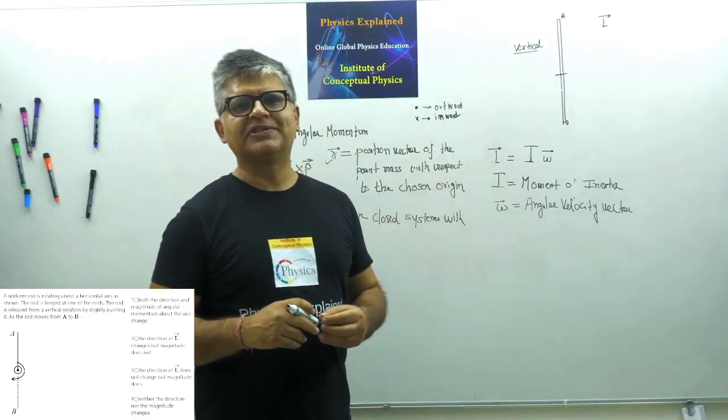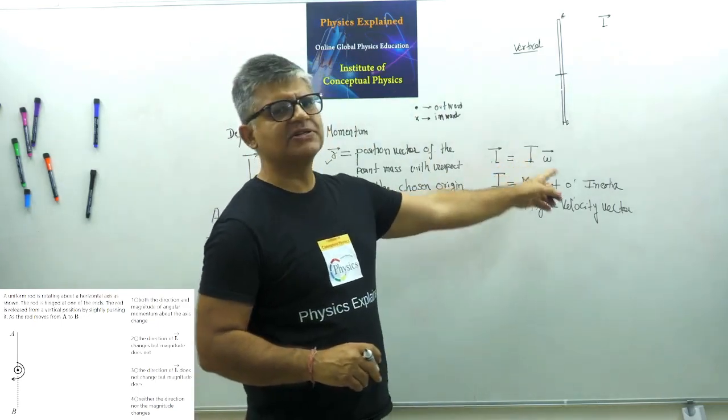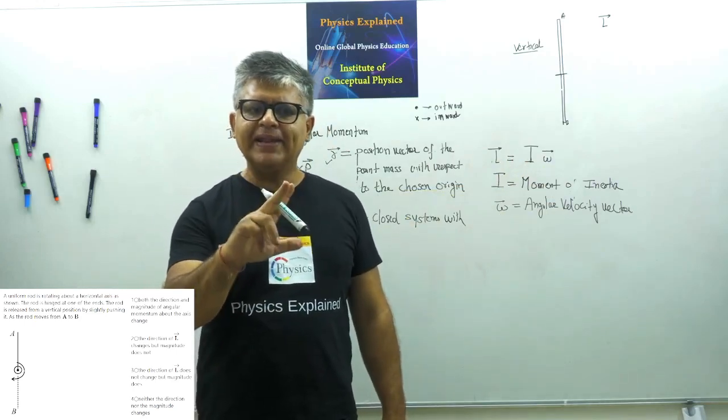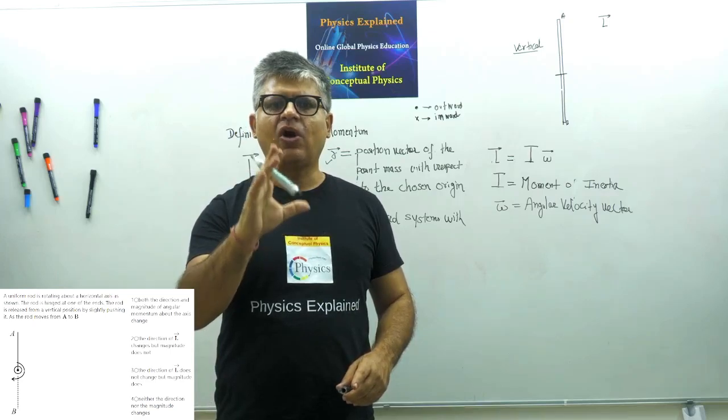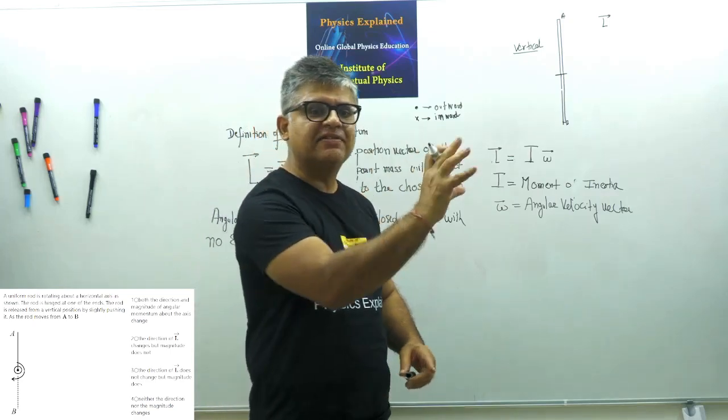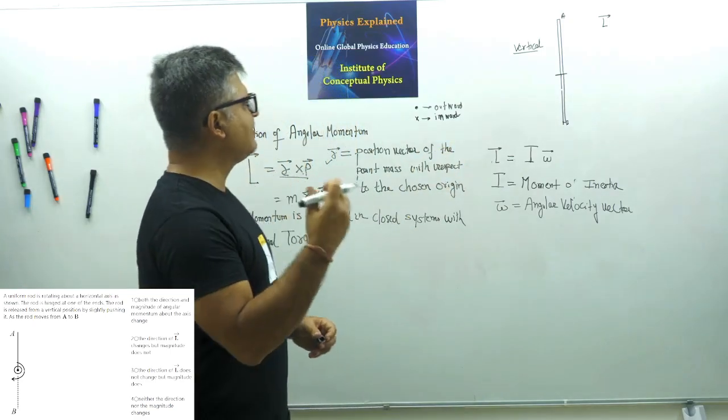Angular momentum of a rigid body is given by L equals I omega, where L and omega are in the same direction, or omega decides the direction of L. Let me give you an example.